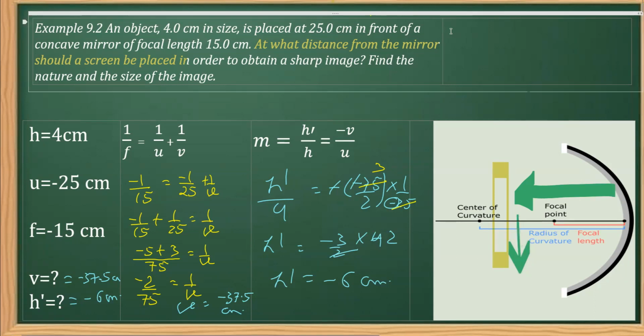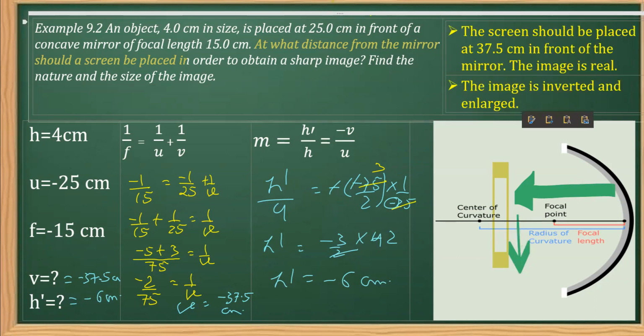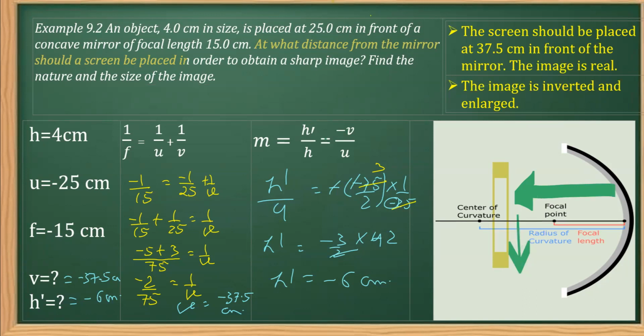So the final or concluding statement should be taken as this, indicating that the screen should be placed at a distance of 37.5 centimeter in front of the mirror, and the image is real. Why real? Because it is formed on the screen.